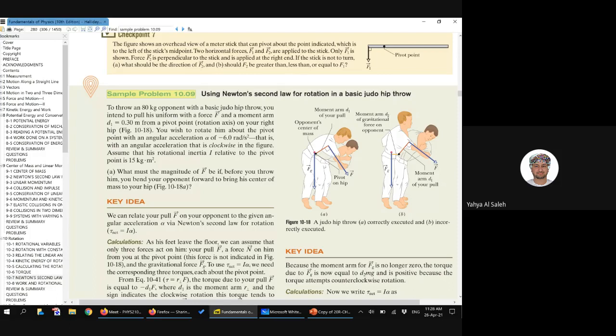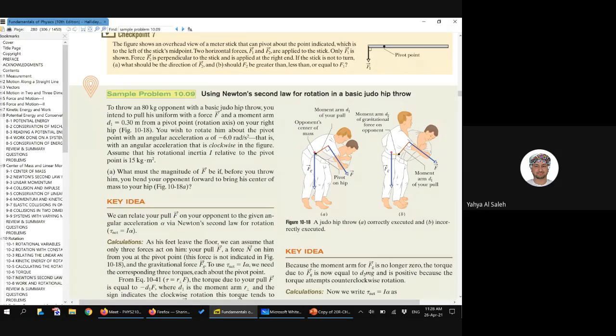Now, to throw an 80-kilogram opponent with a basic judo hip throw, you intend to pull his uniform with a force F and a moment arm d1 equals 0.3 meters from a pivot point on your right hip. You want to rotate that person with an angular acceleration of about -6 radians per second squared.